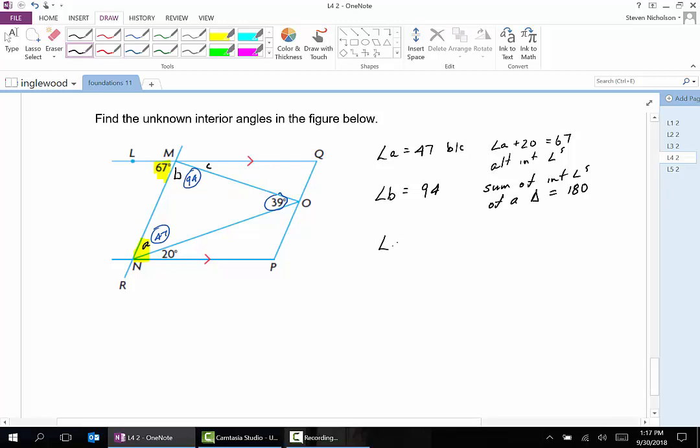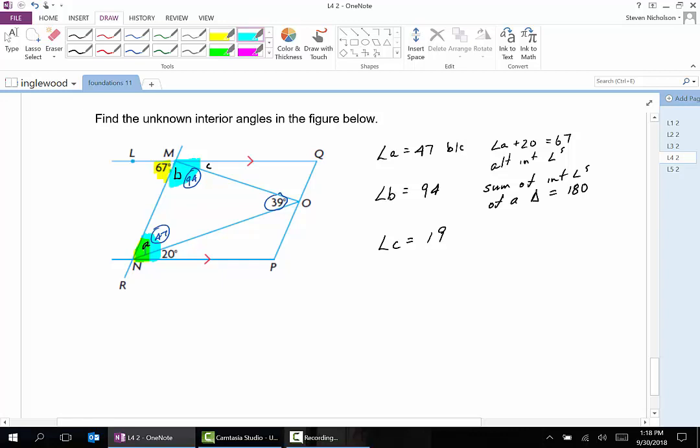And then what I can then do is find angle C. And angle C is going to turn out to be 90 degrees, and the reason it's 90 degrees is it is co-interior with the bottom angle. So this whole angle right here is co-interior with that whole angle right there.